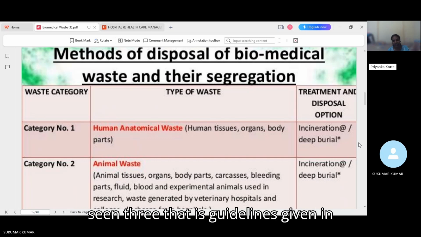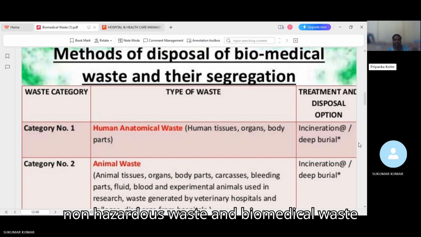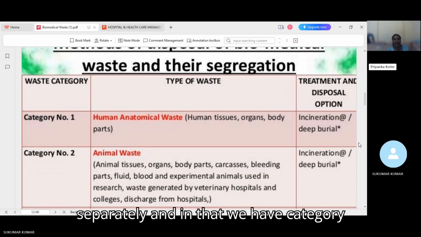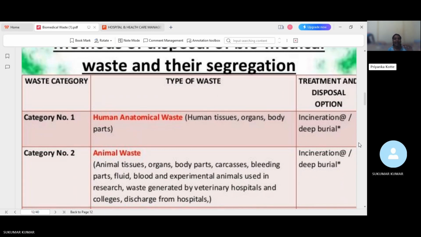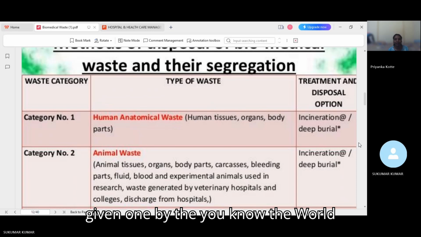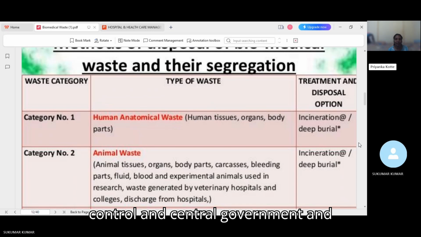In the next category we have seen 3, that is guidelines given in 2016: general waste, which is non-hazardous waste, and biomedical waste separately. And in that we have the category of infectious and non-infectious. Again, this is a separate category which was very recently given by the World Health Organization, the pollution control board and the central government and everything.